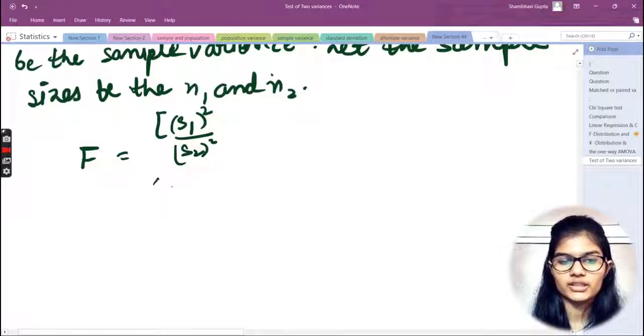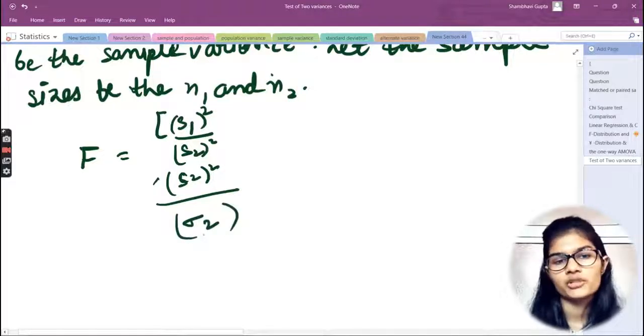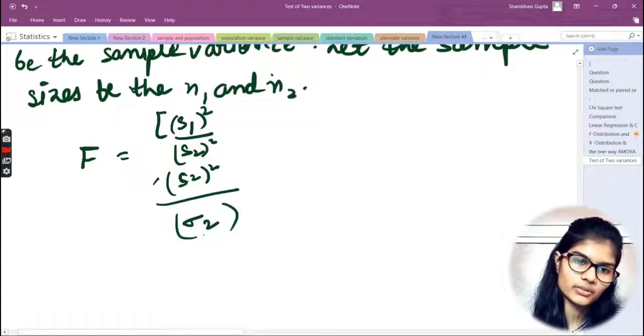Here I'll mention S2, in the bracket we have S2 square divided by sigma 2, and for the first, sigma 1. So this is the formula we have here: S1 upon sigma 1 and S2 upon sigma 2.